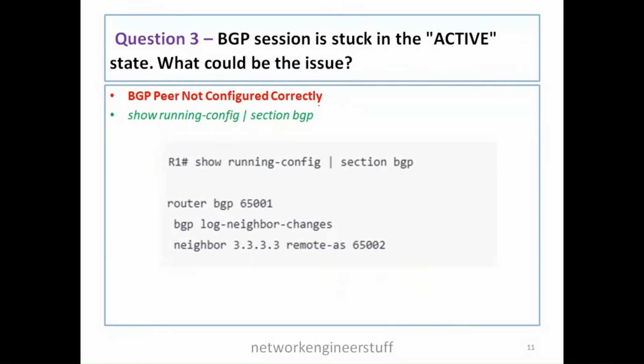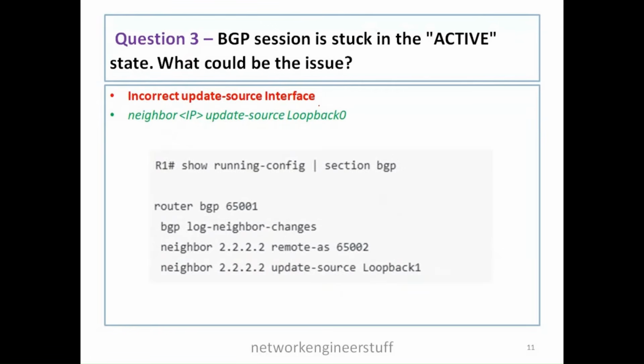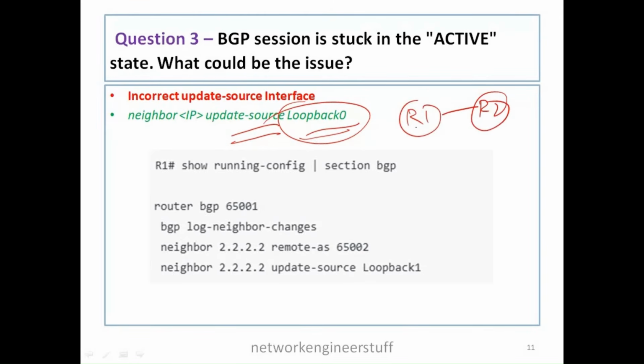Okay. The next reason will be incorrect update source interface. As we have seen in the previous question, the importance of this update source. Let's say this update source command is not used, and we are configuring BGP neighborship using loopback interfaces between these two routers, and we are not configuring the update source itself, then the neighborship will be in active state. It will not come up. Okay.